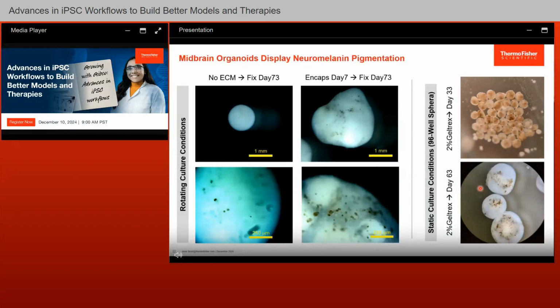And so what this data really suggests is that our 3D differentiation models can potentially provide more physiologically relevant models in certain instances that may be better able to predict or mimic human biology as well.